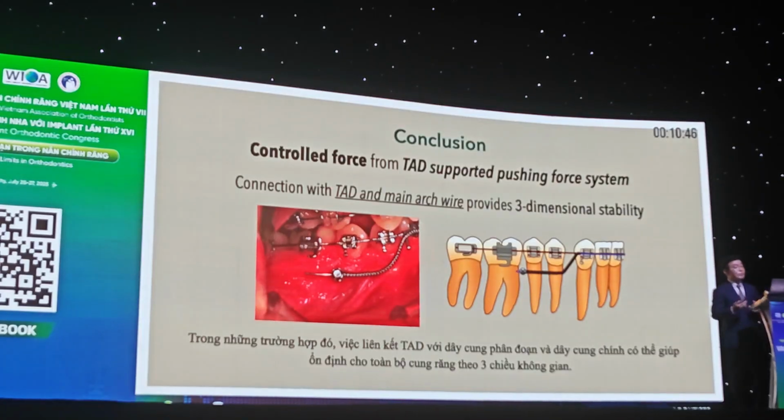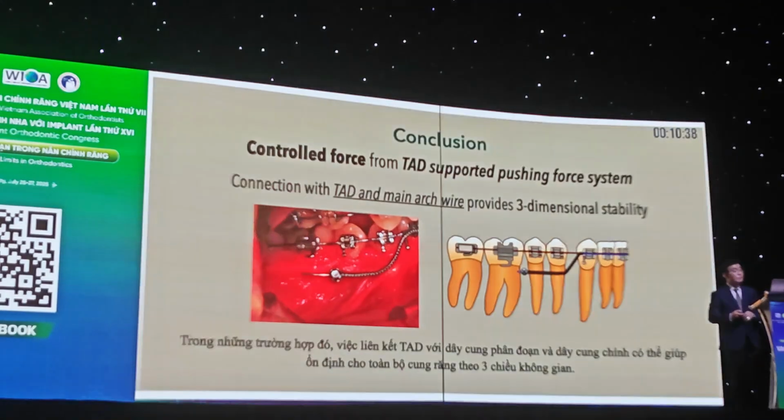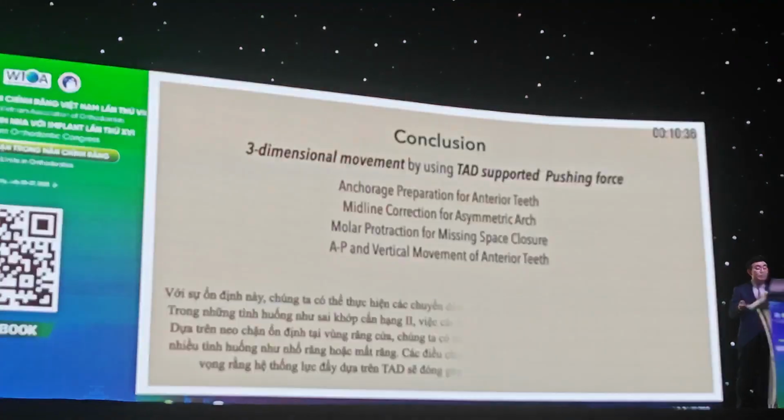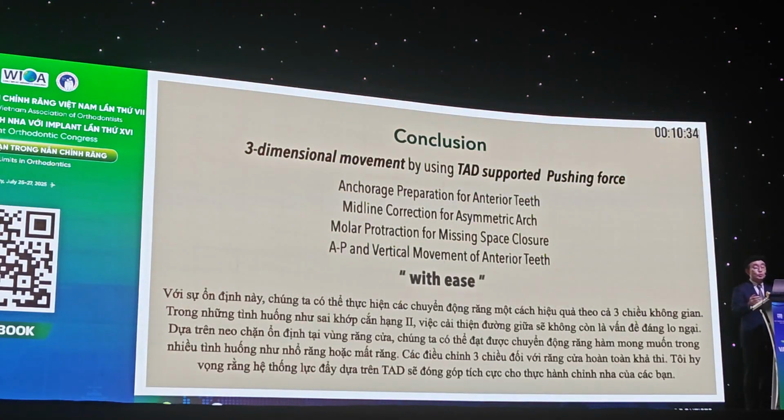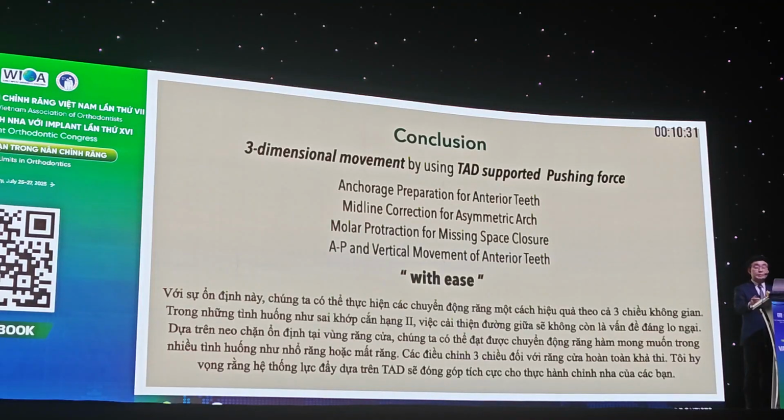Connecting the TAD with the sectional arch wire to the main arch wire can provide three-dimensional stability to the dental arch. With this stability, we can achieve three-dimensional tooth movement in situations such as Class III subdivision. Improving the midline need not be a concern.